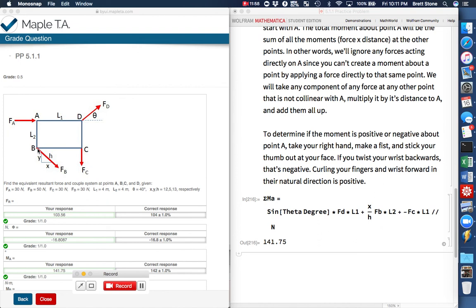I have to have a force times a distance to have a moment about a certain point. Since there's no distance at all between force B and point B, there can be no moment caused by FB. But a force at A and force at D and force at C all have distances between there. So depending on their orientation, they may or may not cause a moment about point B.